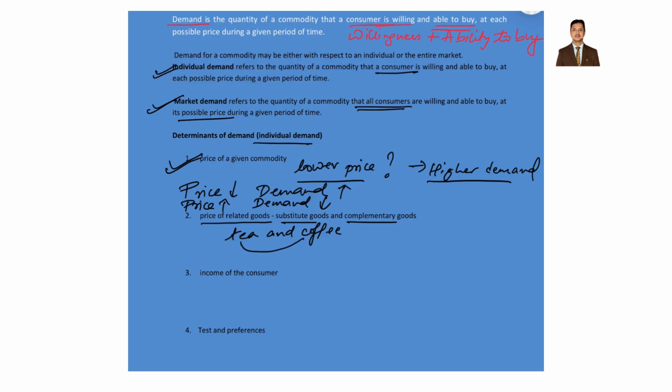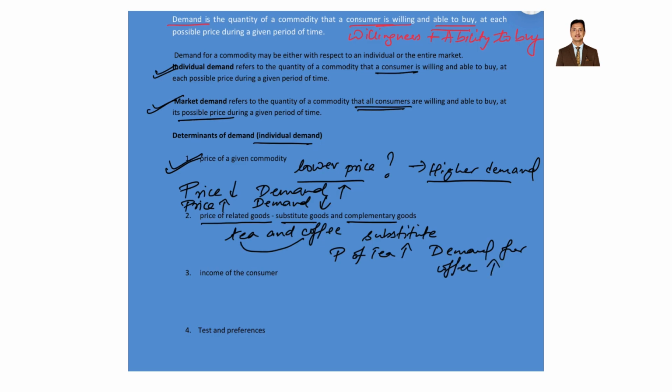So as far as substitute goods are concerned, if the price of a particular good increases, the demand for its substitutes will increase. If the price of tea increases, the demand for coffee will increase.